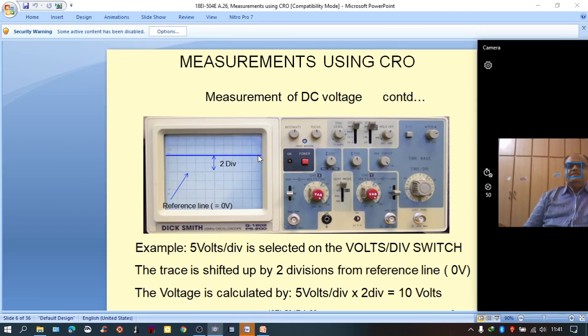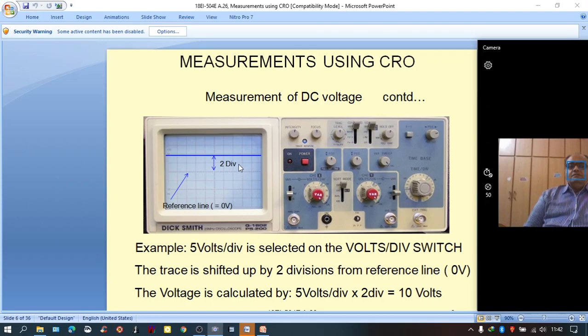Like this it will be shifted upwards, or suppose if negative DC voltage is applied, it will be moved downwards. So now from the center of the screen we have to measure the distance between the center of the screen and the present position of the horizontal line. It is two divisions here on the graticule of the CRO.